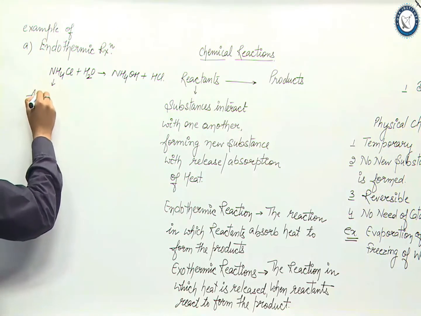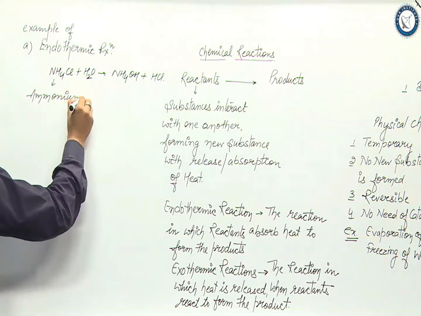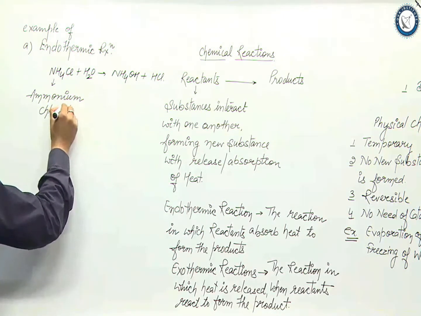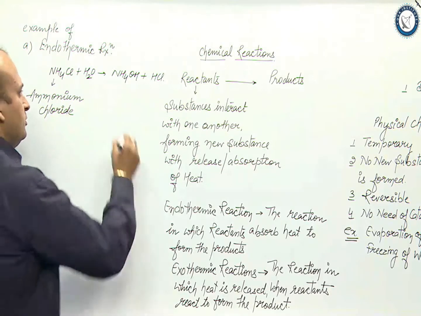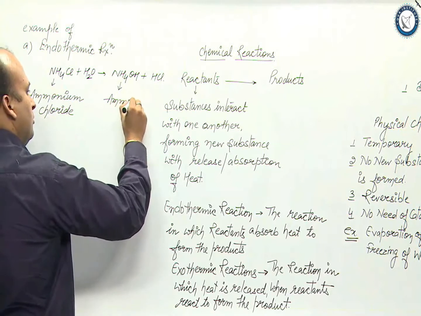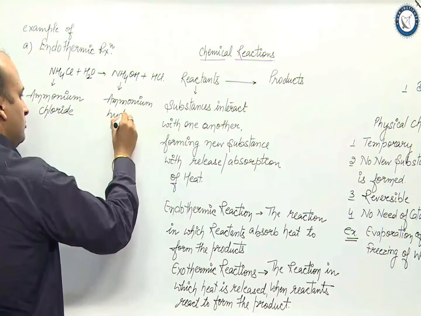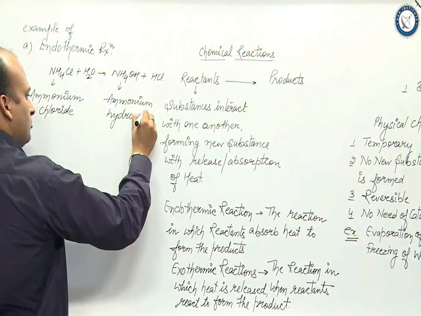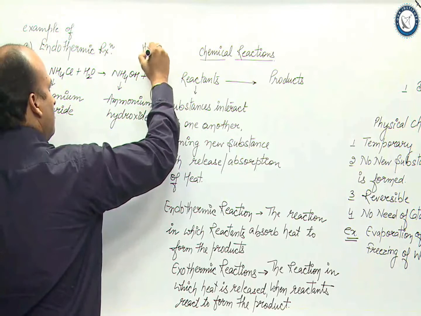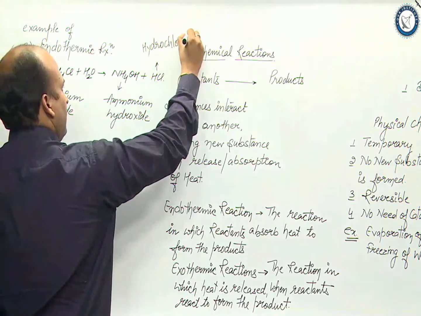This is called ammonium chloride. Okay. This is called ammonium hydroxide. Hydrochloric acid.